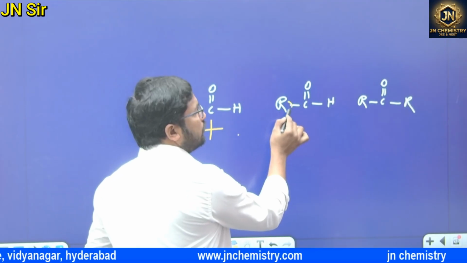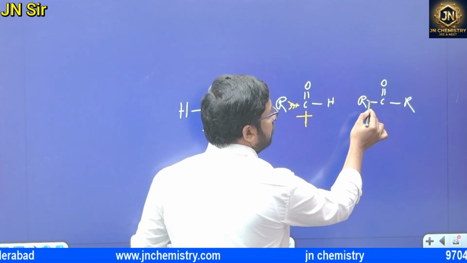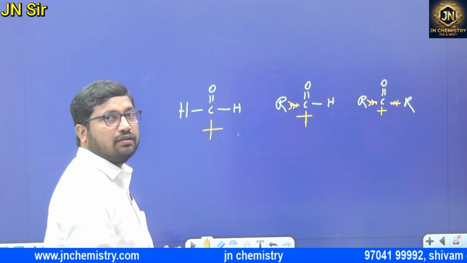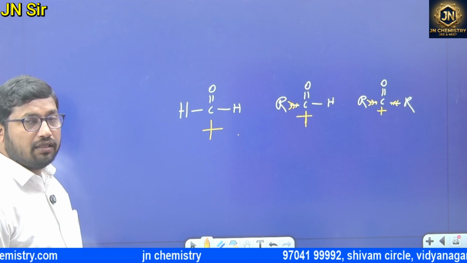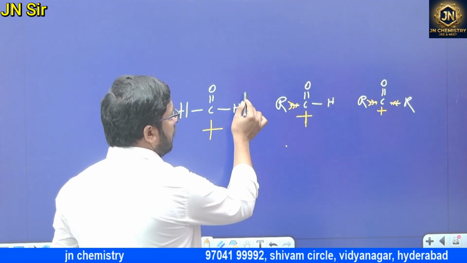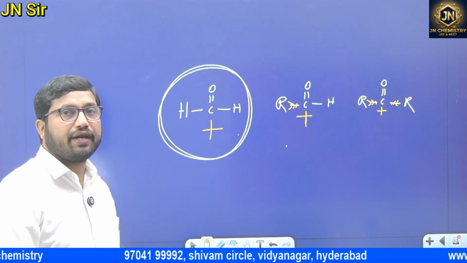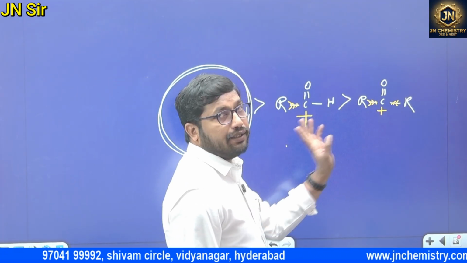In aldehydes, the R group is donating electrons, so the positive charge is somewhat decreased. In ketones, these 2 are donating, so the positive charge is further decreased. Okay. So formaldehyde is the most reactive among aldehydes. Aldehydes are more reactive than ketones.